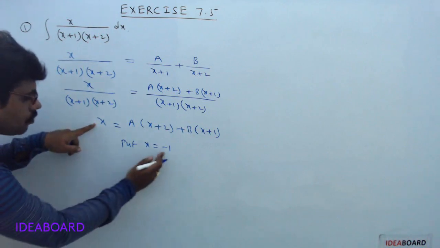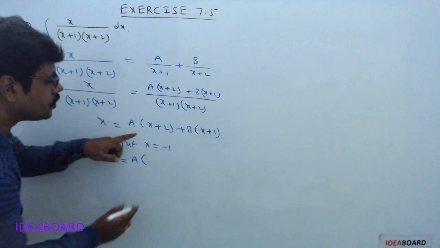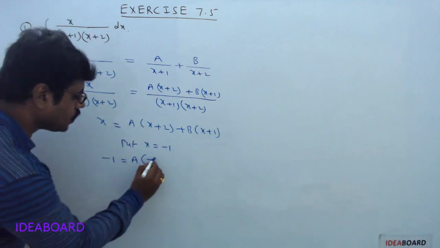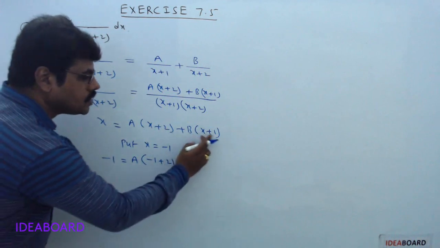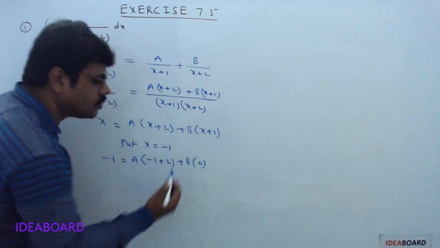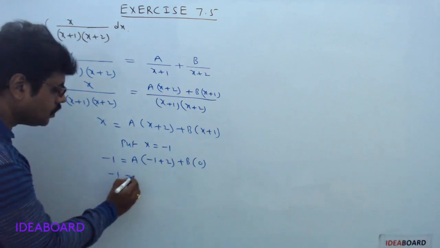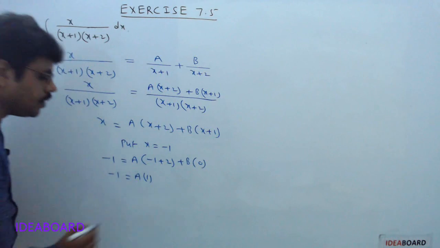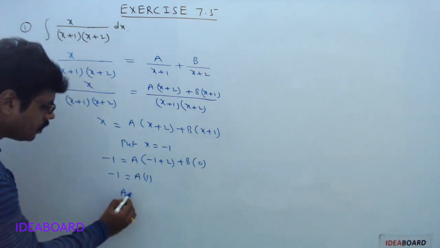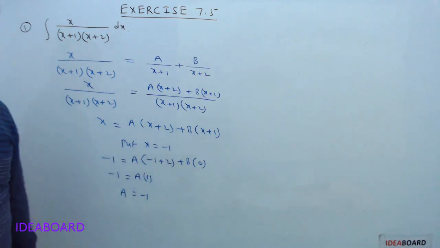Now x equal to minus 1: this is minus 1 equals a into minus 1 plus 2, plus b into minus 1 plus 1, which will be 0. So minus 1 equals a into minus 1 plus 2, which is 1. So therefore a is minus 1.